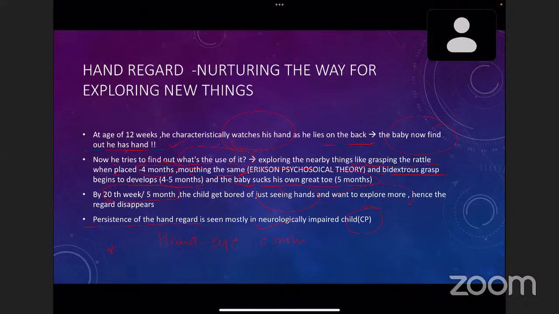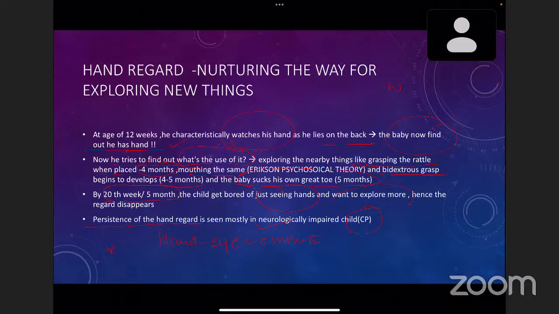What does that mean? The child watches for 12 to 20 weeks. The child is seeing the hand, that's known as hand regard, and then tries to explore with the hand as I told now. Is hand-eye coordination very important for this hand regard?